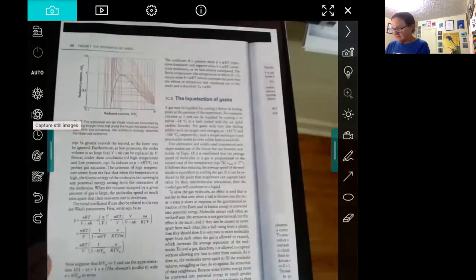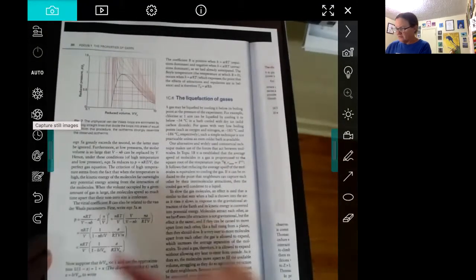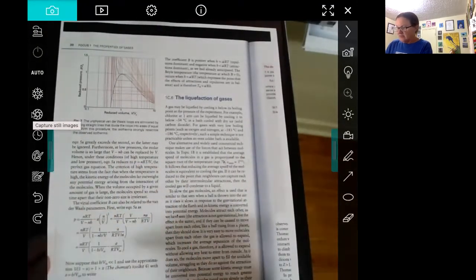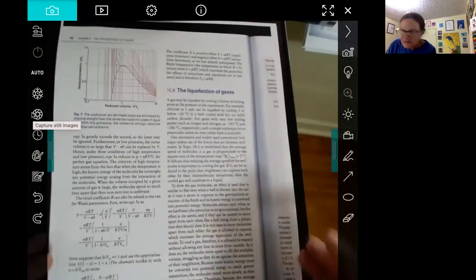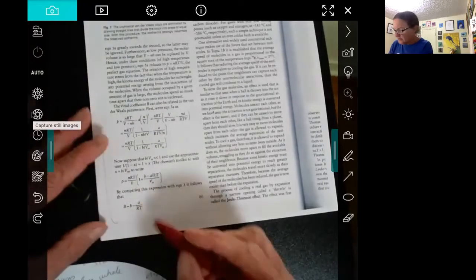This last little section, which you can look through, it's not super important for us, is where you can see that the B from the virial equation can be related to the a and the b from the van der Waals equation. And that's just algebraic manipulation to relate the two equations and then solve for big B in relation to little b and a.